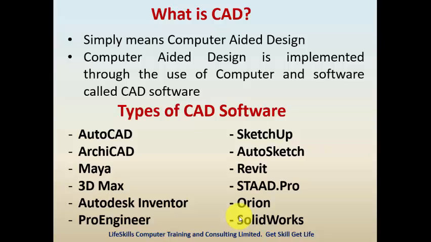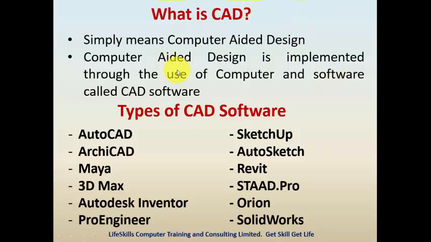Some people will put another D, that is CADD, and they will call it computer-aided design and drafting, or computer-aided design and drawing. But the bottom line is this: if you are designing, you're also drawing, because every design involves drawing. Your design has to be represented on paper.